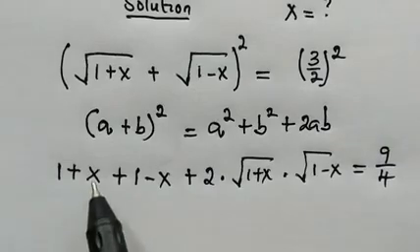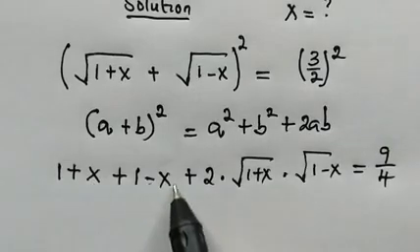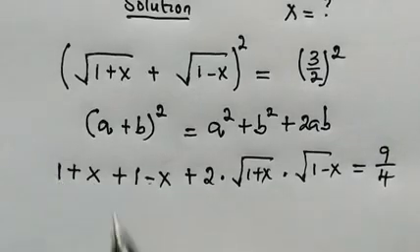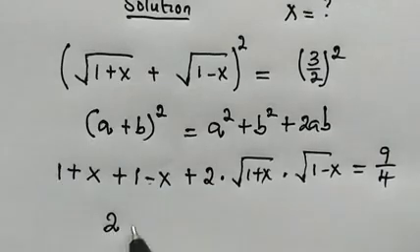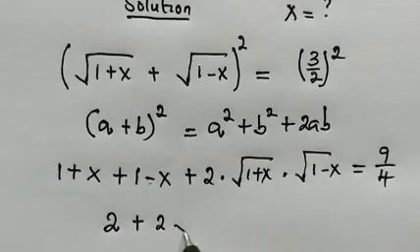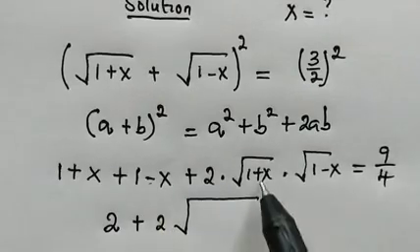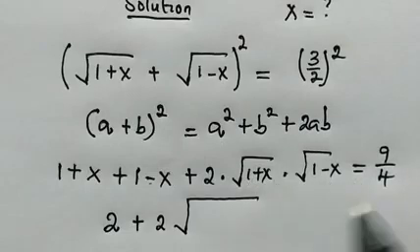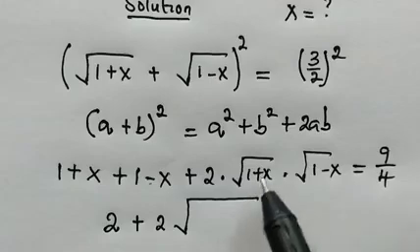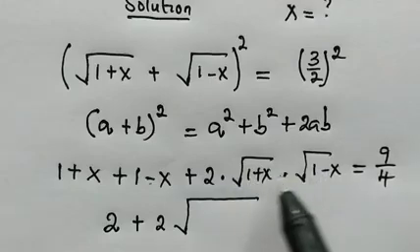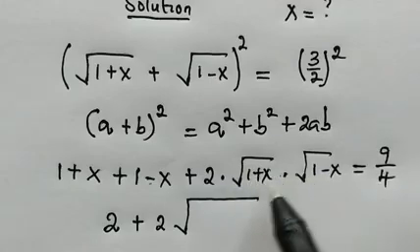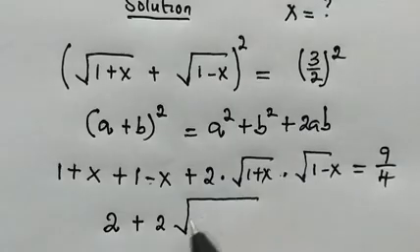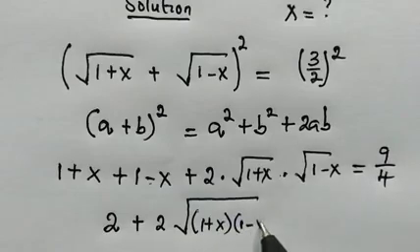Okay, now here we know x minus x is 0, so we get 1 plus 1, which is 2. So we have 2 plus 2 times the square root of the two terms here, 1 plus x and 1 minus x. Since we have a product of two quantities under the square root, that is going to be 1 plus x multiplied by 1 minus x under one root sign.